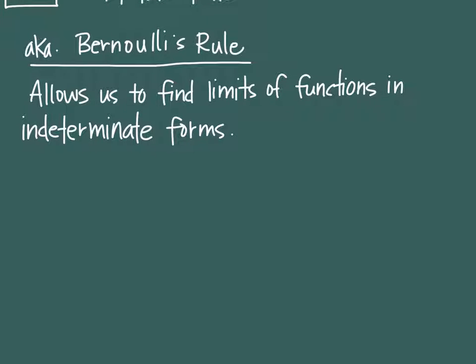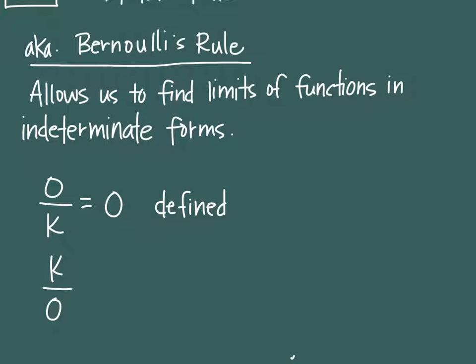All right. So where can 0 be in a denominator? We can have 0 in the numerator over a constant, 0 over k. When 0 is divided by something, what's the answer? 0. Okay, that is defined. What if we have k divided by 0? What do we get then?